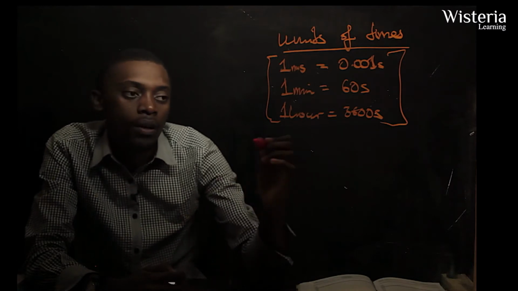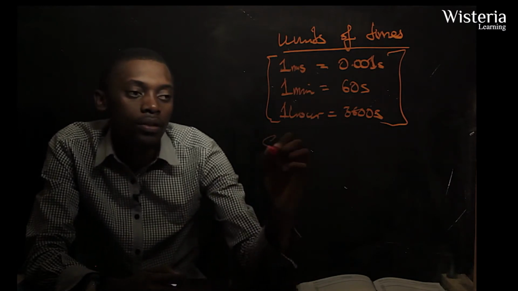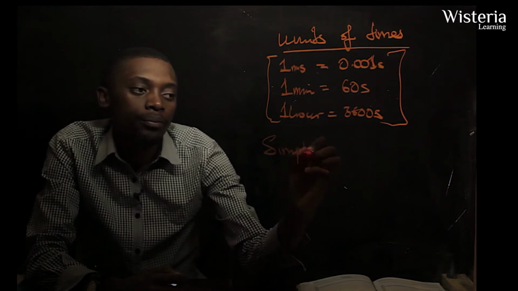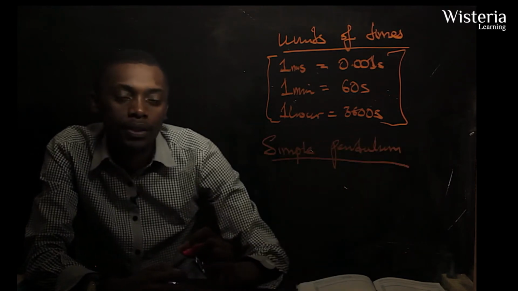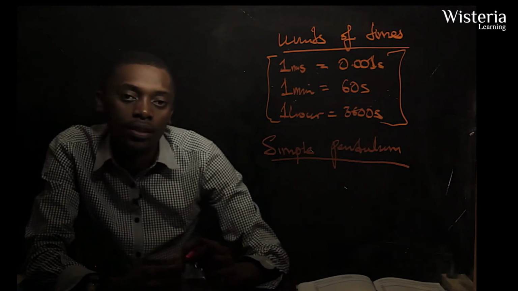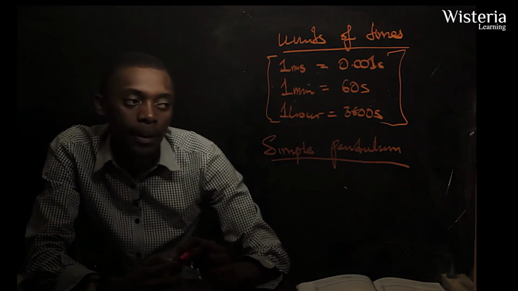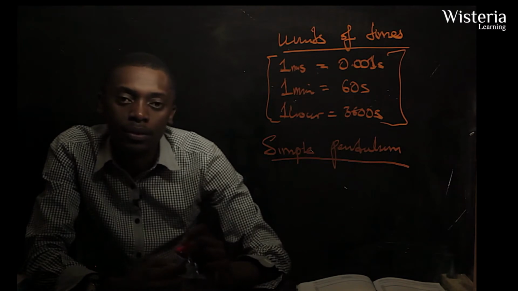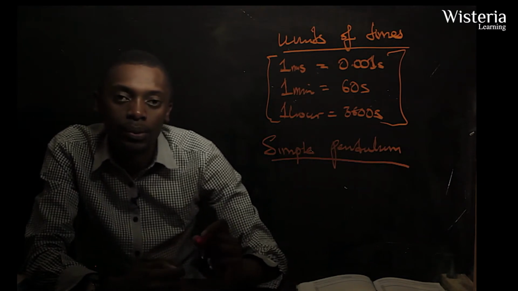Now we have what we call a simple pendulum. A simple pendulum is an instrument, like we've already said, that is used to measure time. This is how a simple pendulum looks.